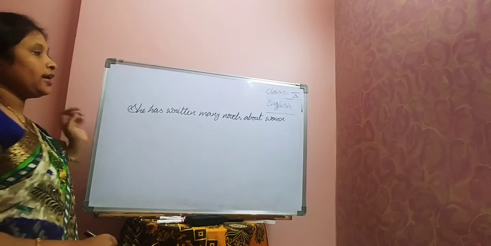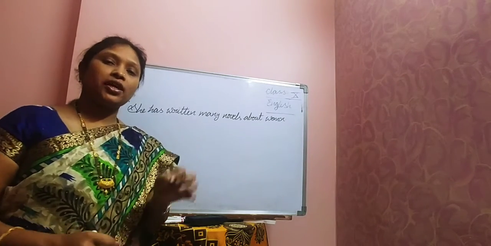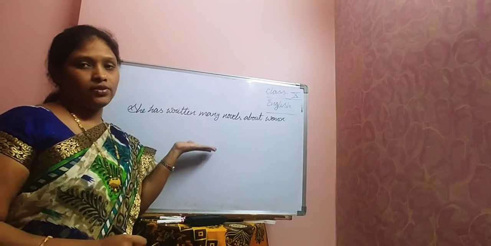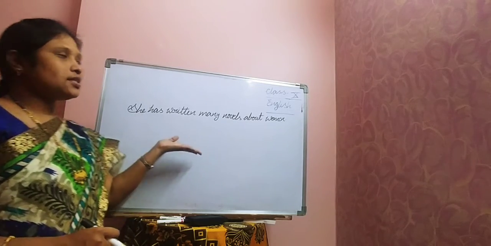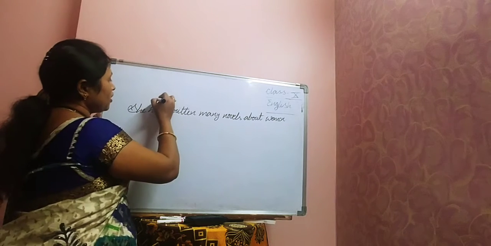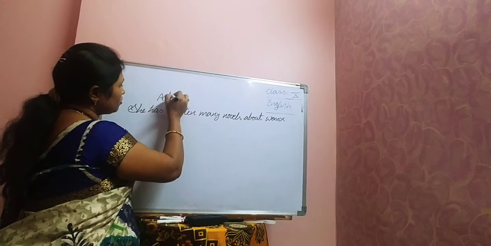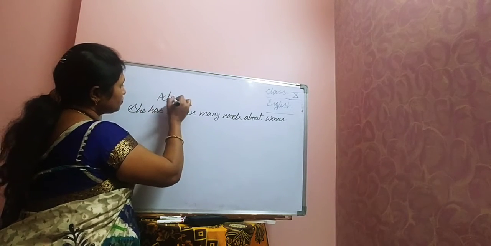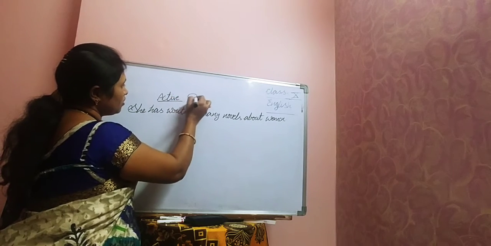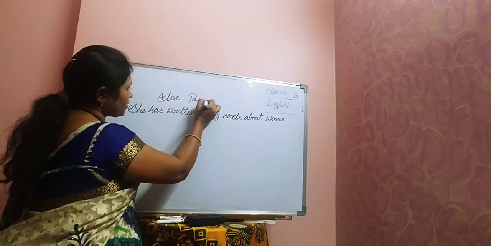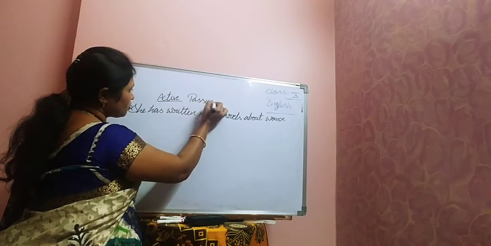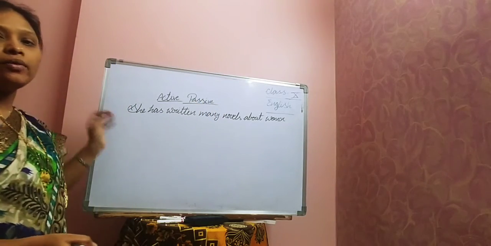Exactly here, you need to change the voice of this sentence. This is in active voice and you need to change it to passive voice. How can it be done?